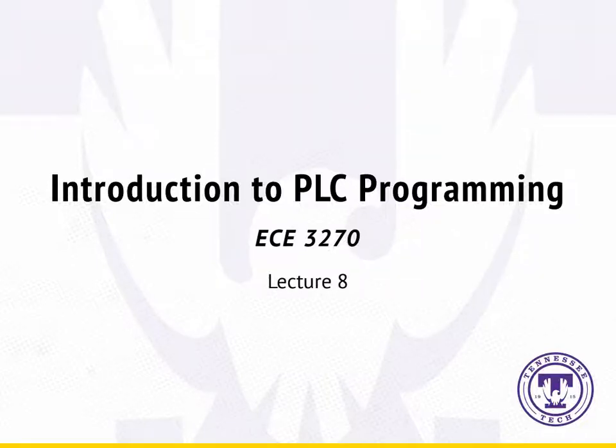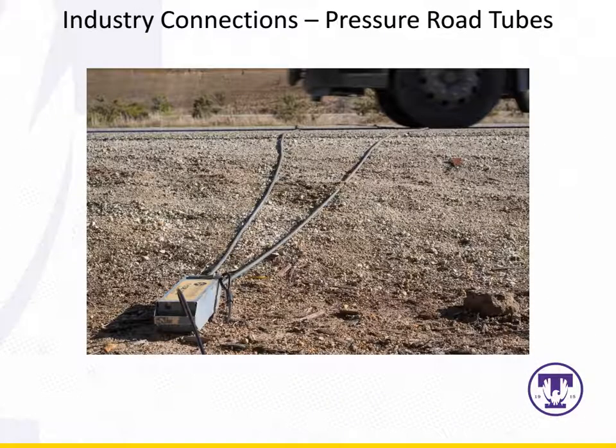and how they work. So here we see an image of a pressure road tube system being used to count traffic. What we have here is a road, obviously, and we have some large vehicle that is coming down the road. As they run over this tube, the air pressure in the tube will increase.